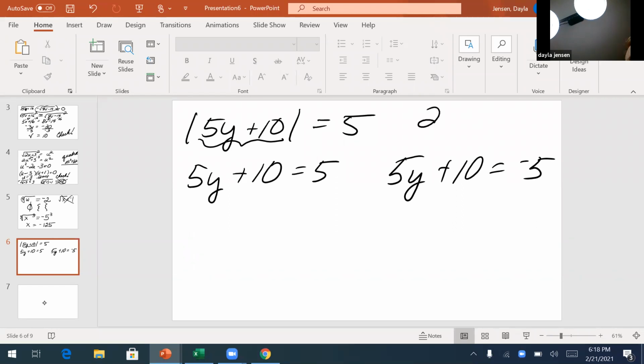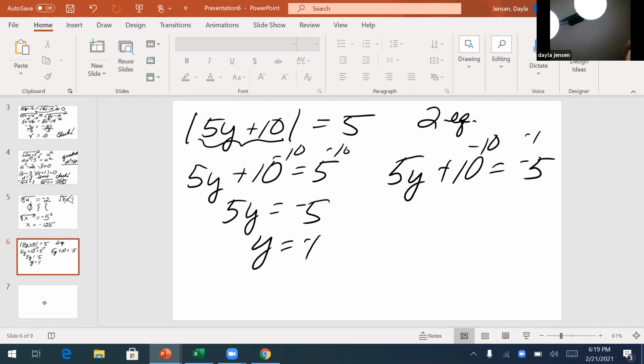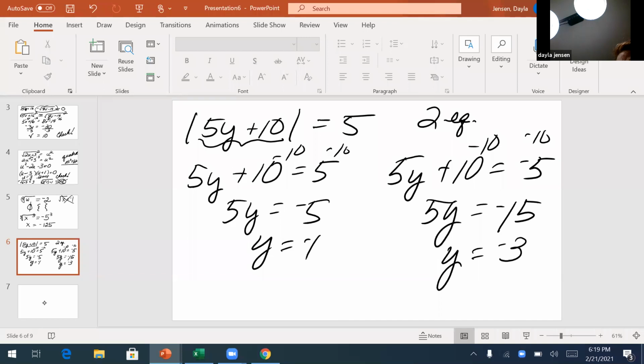You're going to have two equations to get rid of the absolute value. So subtract 10 from both sides. 5y equals -5, so y equals -1. Subtract 10 again: 5y equals -15. Divide both sides by 5, you get -3. If I put -1 back into that equation, I would get -5 plus 10, which is 5.